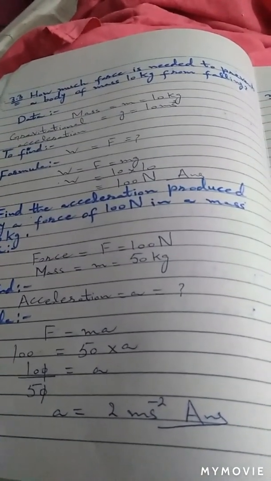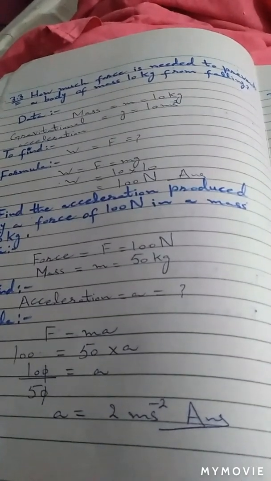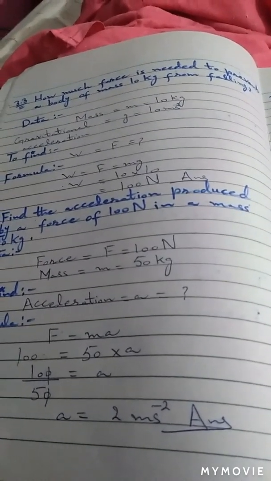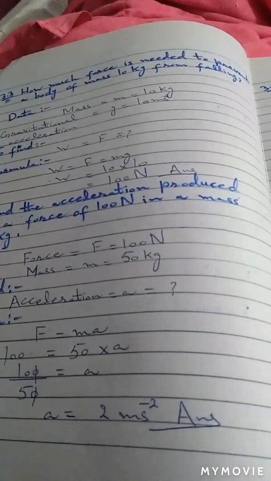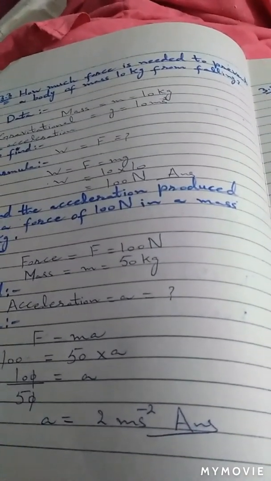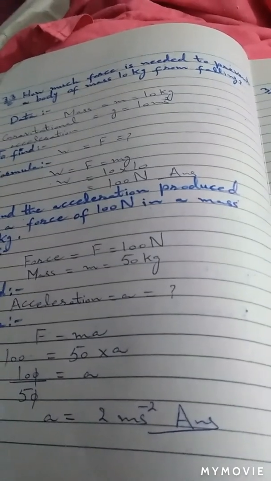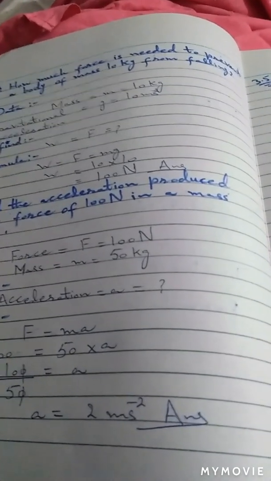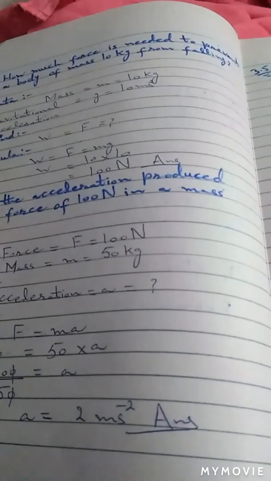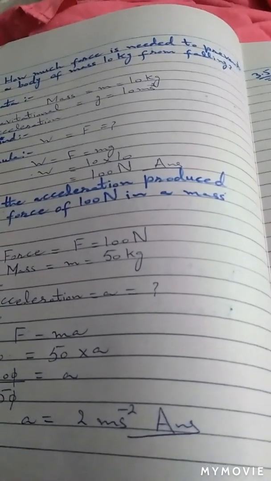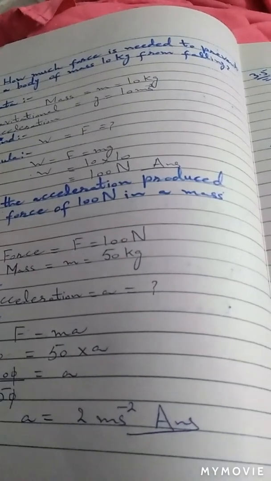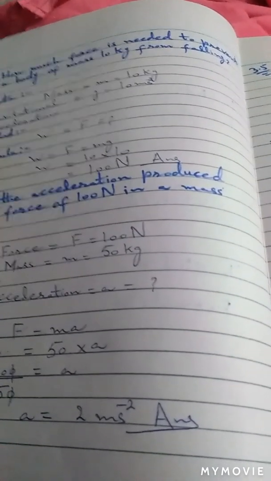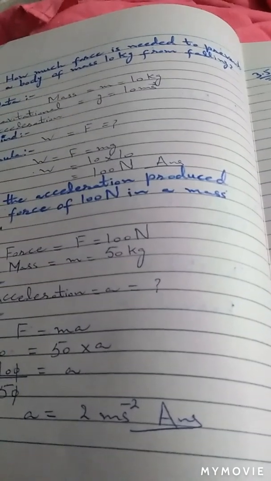To find here is weight, that weight is the force acting on a body, and the formula we use here is F is equal to mg. By putting the value of gravitational acceleration and mass, we will get the value of weight that will be equal to 100 Newton, and Newton is the unit of force or weight.